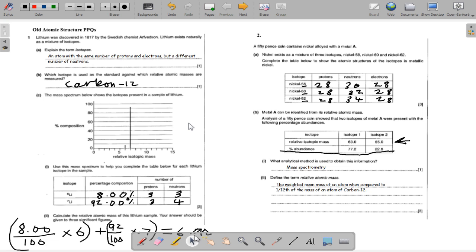So learn your definition and you will get those 3 marks. Anything that is not those words may not be accepted, so do not try and put it in your own words unless you're really good at it and you get all the marks. But just make your life easy and learn this definition here.